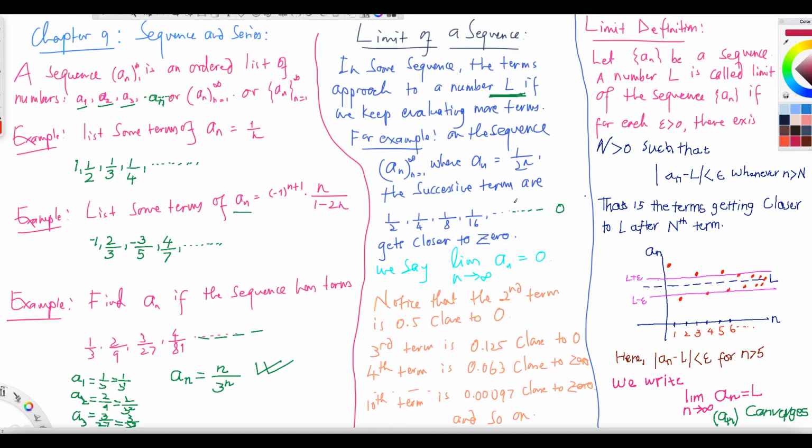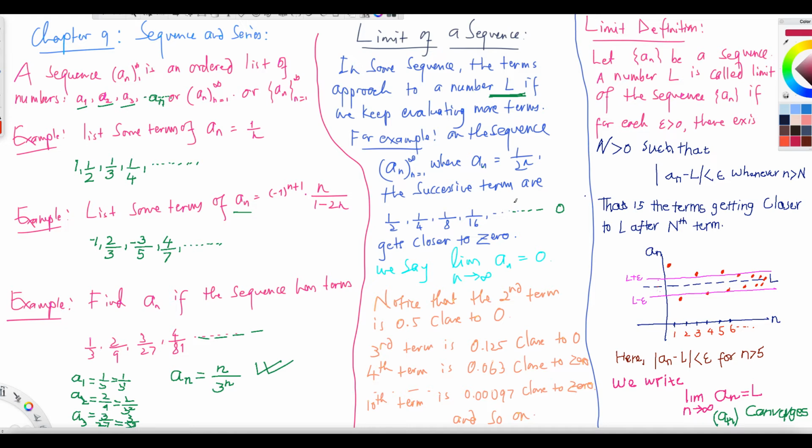So if you keep evaluating the terms of the sequence, and the terms are getting towards a fixed number, then we call that number L the limit of the sequence. Not all sequences have this property. For some sequences, if you keep evaluating more terms, the values are getting random and bigger and bigger.